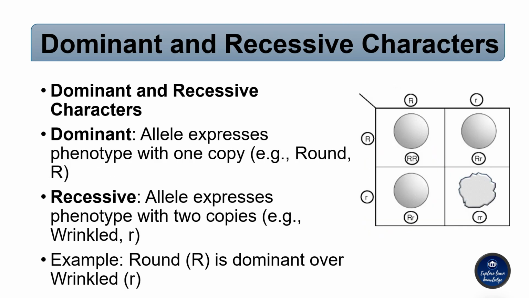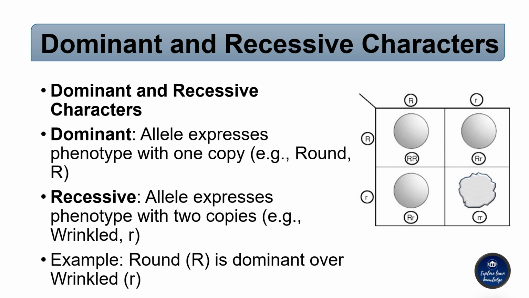Dominant and recessive characters. In Mendel's experiment, he discovered the concept of dominant and recessive characters. A dominant character is an allele that expresses its phenotype even when only one copy is present. For example, the allele for round seed, which is the capital R, is dominant, so plants with the genotype capital R capital R or capital R small r will have round seeds.